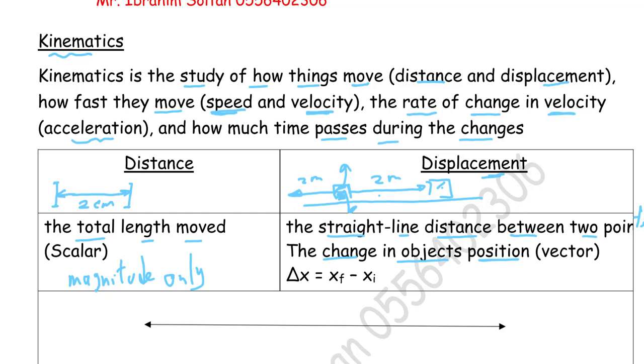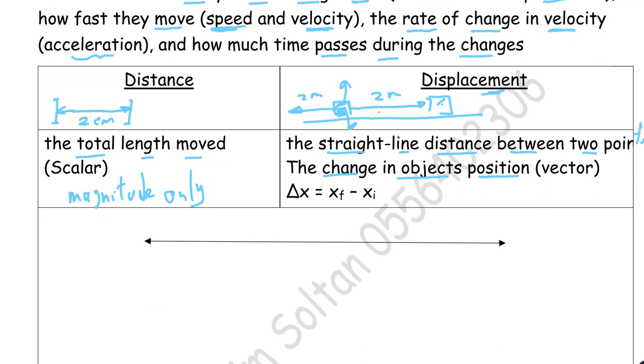So the displacement is a straight line distance between 2 points, or the change in the object's position, and it is a vector quantity, having magnitude and direction.